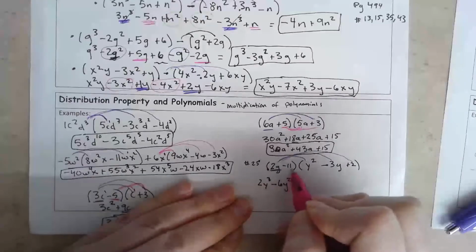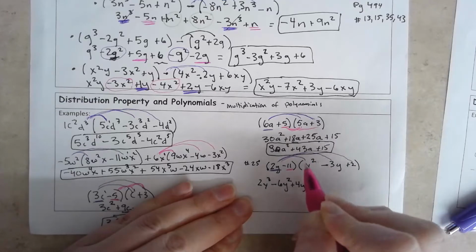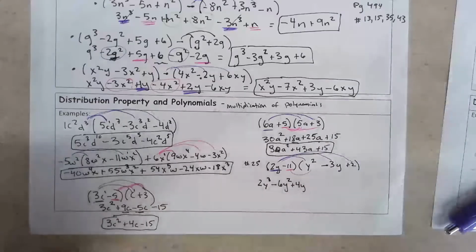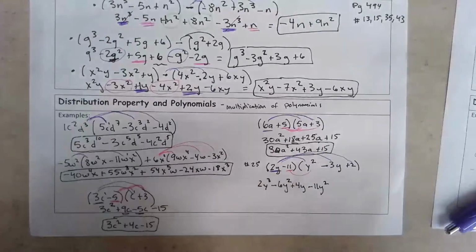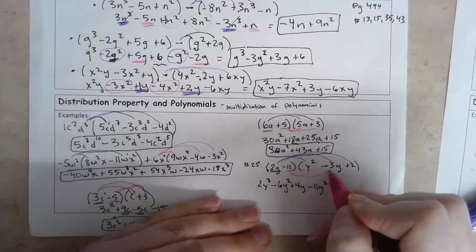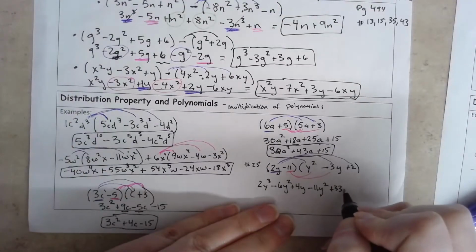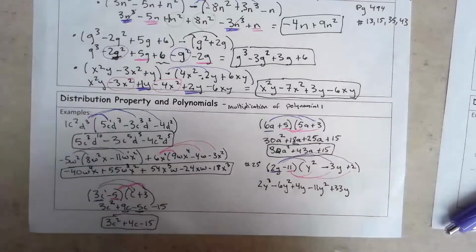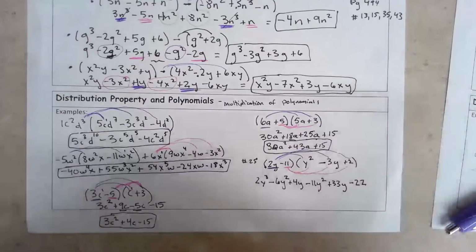The second term is going to get multiplied by all three terms too, so I use this second one twice, one for each term. Negative 11 times y squared is negative 11y squared. Negative 11 times negative 3 is positive 33y. And negative 11 times positive 2 is negative 22.